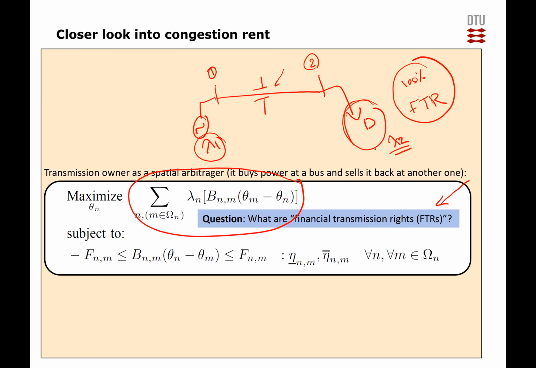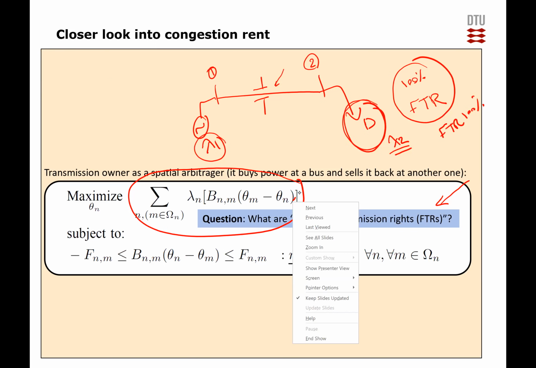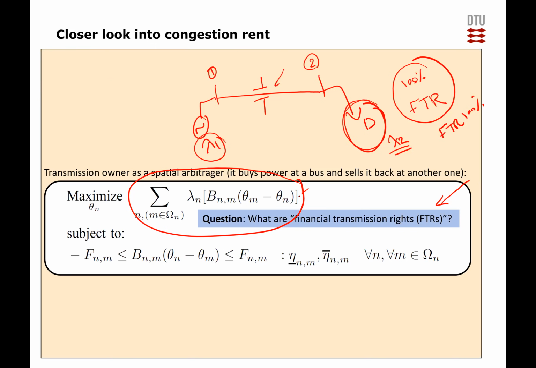So the demand may like to buy financial transmission rights. For example, if you buy 100% FTR, you will get the whole congestion rent. If you get 50% of the FTR, you will get 50% of the congestion rent. Okay?